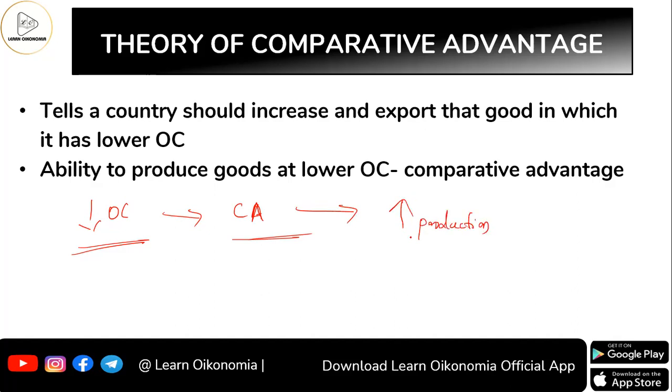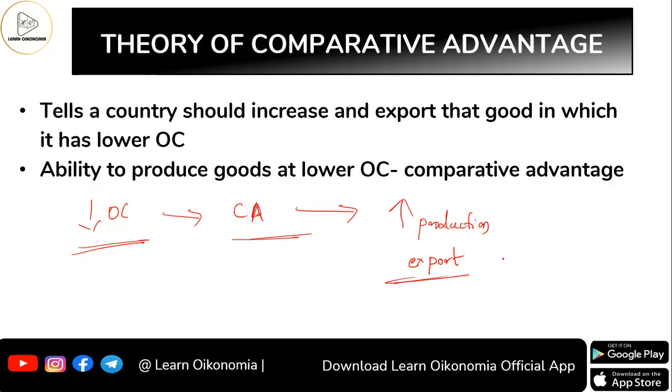Since this gives more production than is required for its domestic citizens, it can export the surplus production.